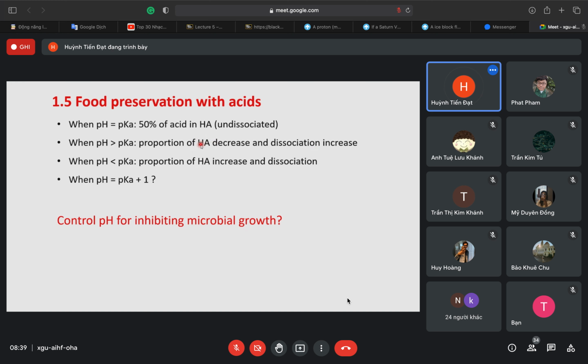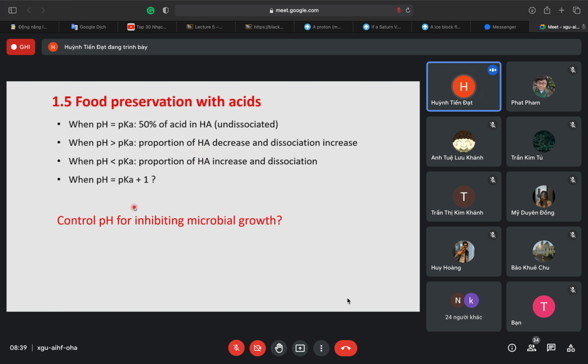Because there is very little acid inside, not much H plus is released when it dissociates, so it cannot change much in the pH value inside the cell, and that is not effective. So you guys should get the concept clearly, so that later on you can explain.